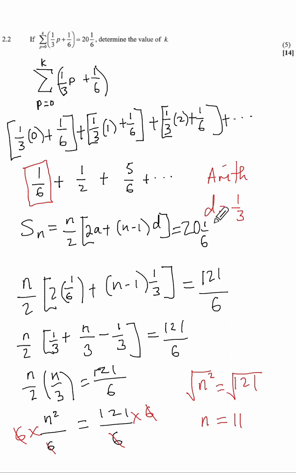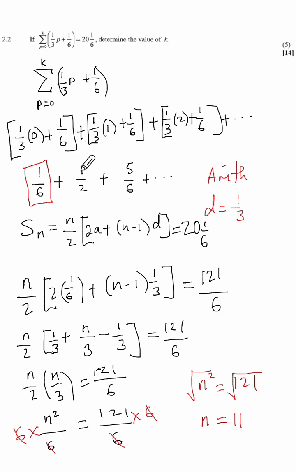Now to finish, remember we want k, right? So basically what it means is if a series is like this, with a first term, second term and third term, and it's an arithmetic series, and you add 11 terms, then it should give you a sum of 20 and 1 over 6. Now, where are these 11 terms coming from? The first term came from p equal to 0.